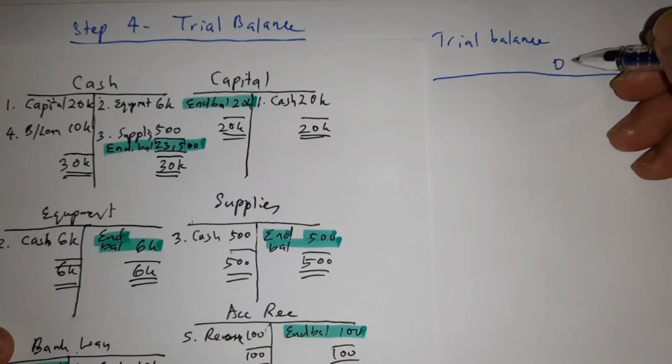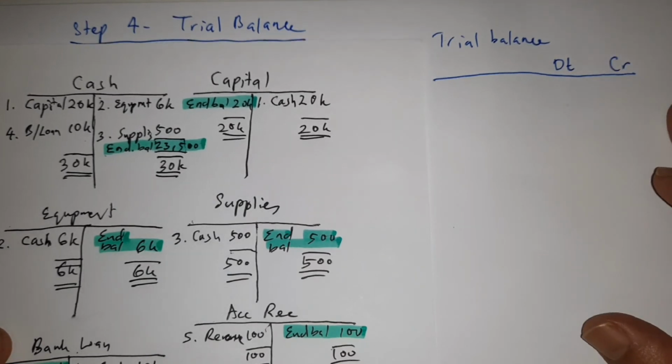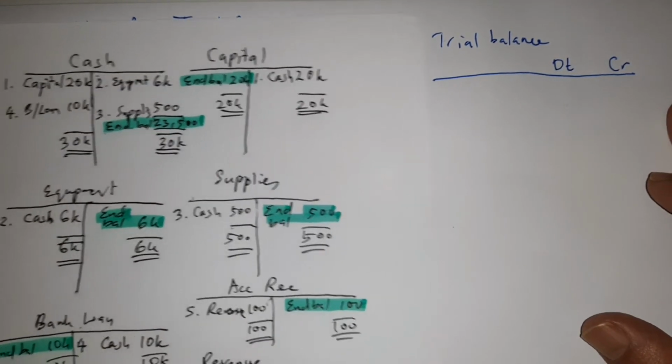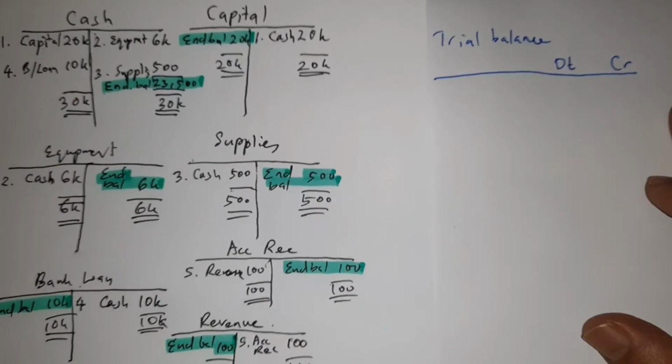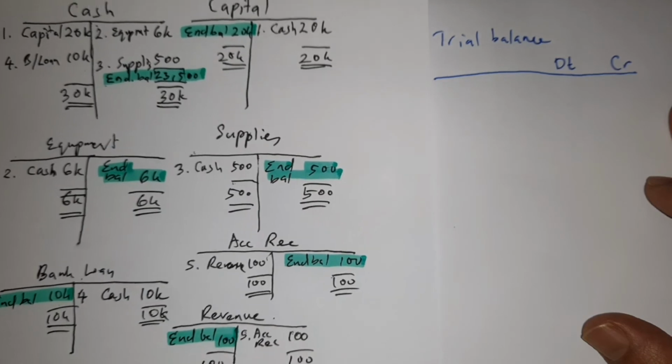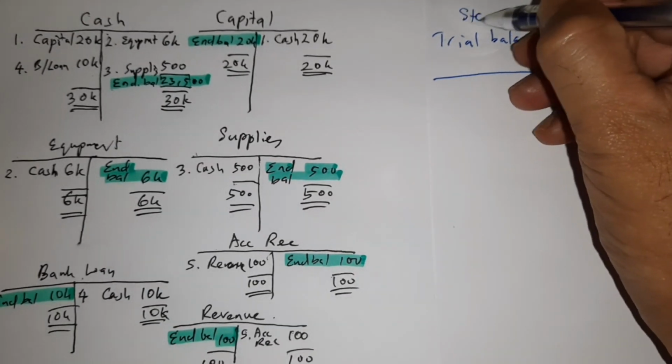The balance can be in the debit side or in the credit side. These are the accounts that we have prepared. Trial balance, step 4.